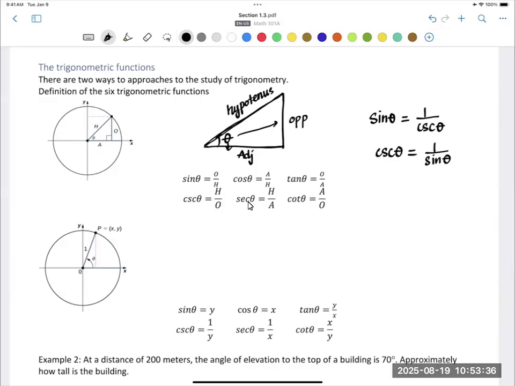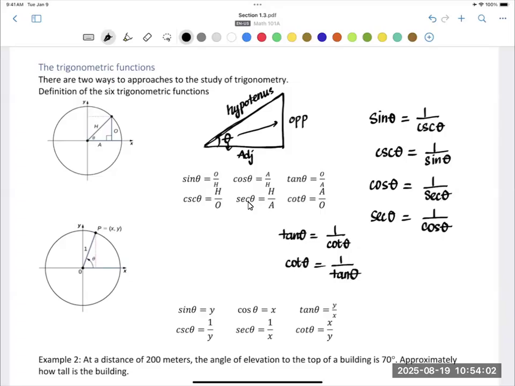Cosine theta is 1 over secant theta, and secant theta is equal to 1 over cosine theta. Similarly, the last pair: tangent theta is equal to 1 over cotangent theta, and cotangent theta is 1 over tangent theta. So these go by pair, and they are always the reciprocal of each other.